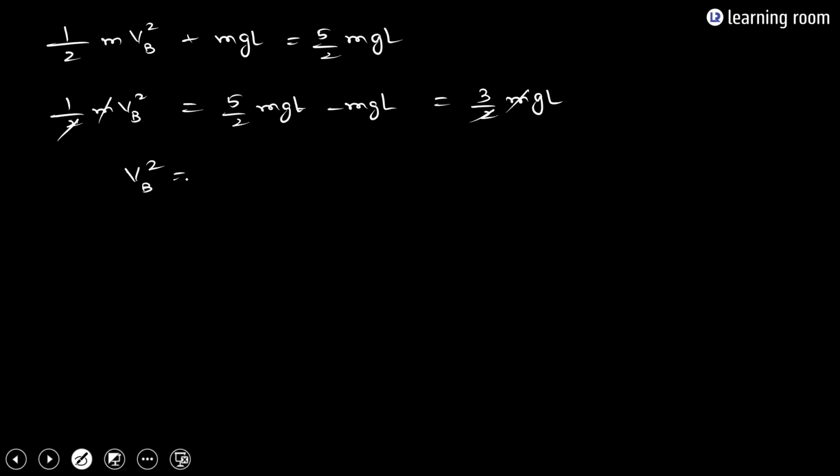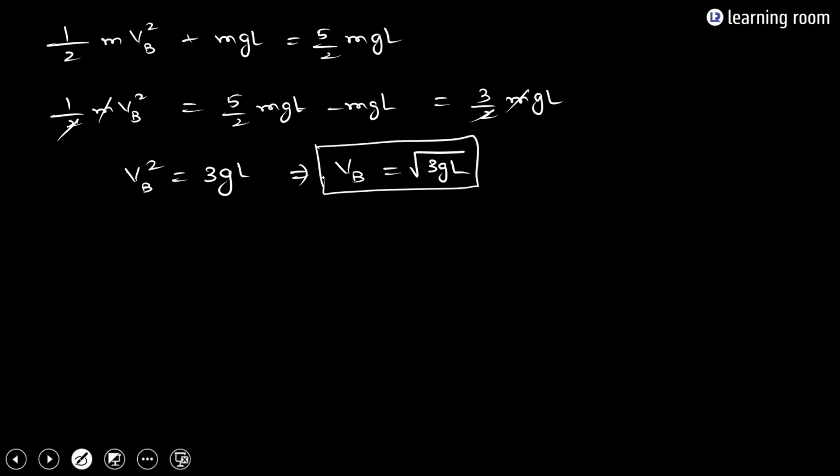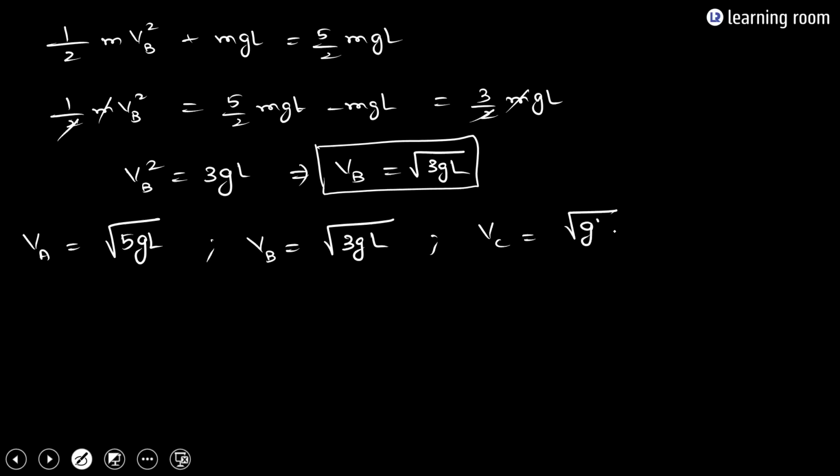So Vb square will be equal to 3 into G into L, which implies Vb will be equal to root of 3 into G into L. So from this, we can conclude that the velocity at point A is root 5GL, velocity at point B is root 3GL, and velocity at point C will be equal to root of G into L.